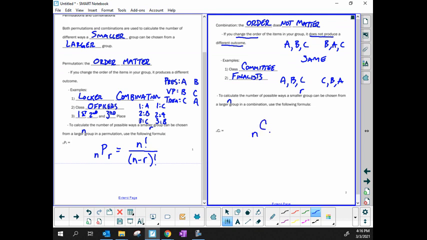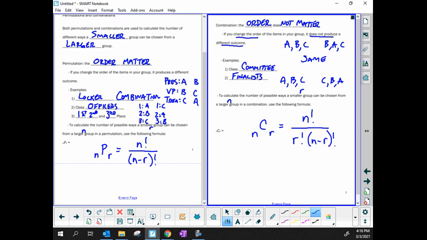We say it's NCR, N choose R. Again, N is always the bigger of the two numbers. It's how many total you have in your larger group. R is always the smaller number. It's how many you're putting into each smaller group. And it equals N factorial divided by R factorial times N minus R factorial.